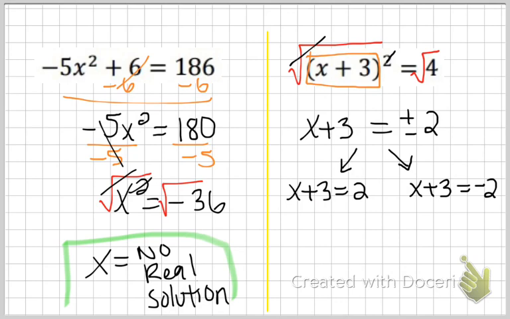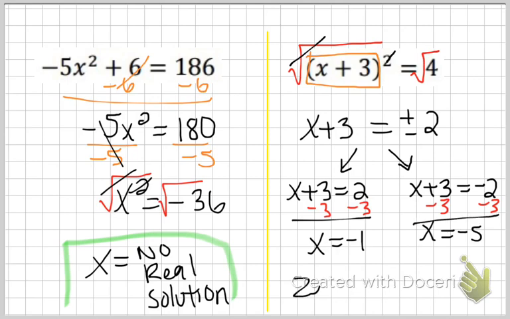Well, when we solve for x in each one, we're going to get that x is negative 1 here, and we solve for x, and we get that x is negative 5 in this one. So our zeros are negative 5, comma, negative 1. And remember, zeros are solutions.